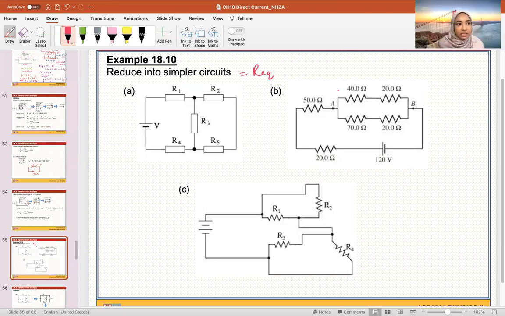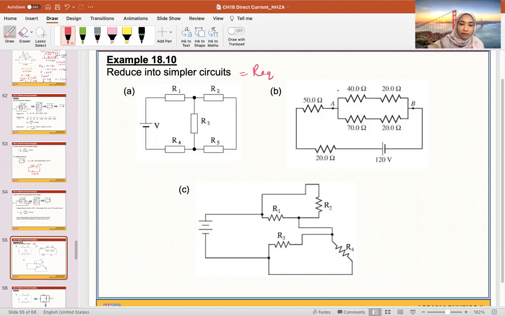Okay, what is the condition to determine if something is parallel or not? What was the trick that I told you? R2 and R5 meet at the same point. They have the same dots at the sides connecting them together.